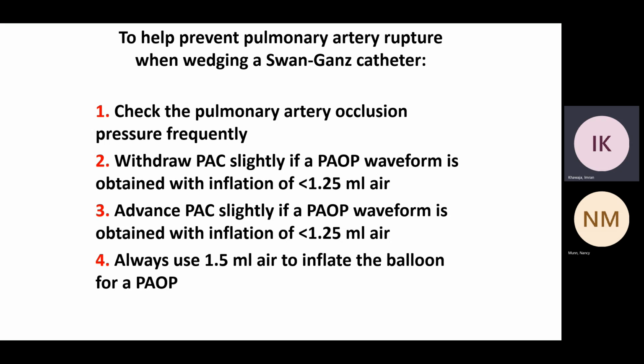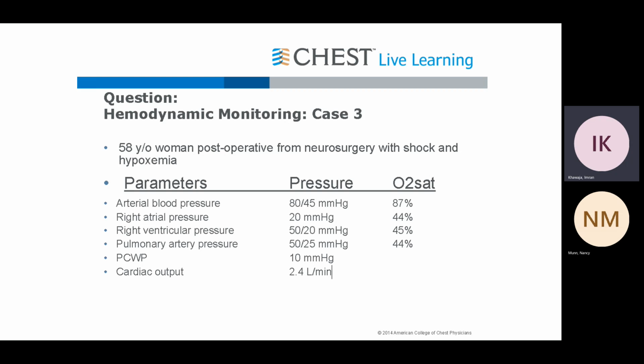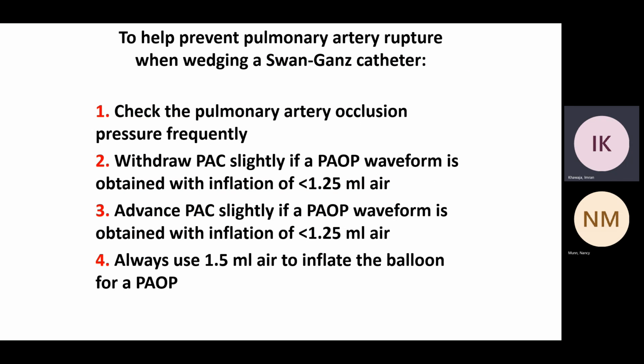It's a big complication, right? Rupture of the pulmonary artery and massive hemorrhage, like I said, can prove fatal. So don't take PA catheter placement lightly. Check it frequently. If it takes only a small amount of air, you're too far. Remember, when you put this in, you put it in a proximal position.